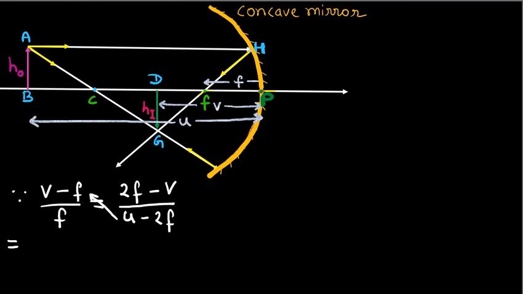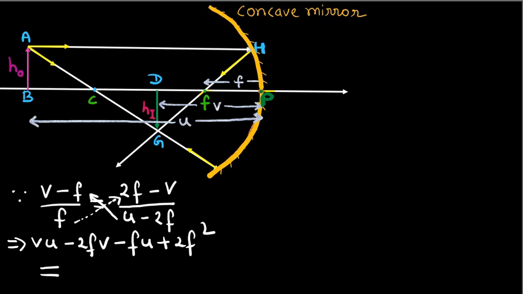On cross multiplication, we have VU minus 2FV minus FU plus 2F square on the left hand side, which is equal to, on the next cross multiplication, 2F square minus FV on the right hand side.